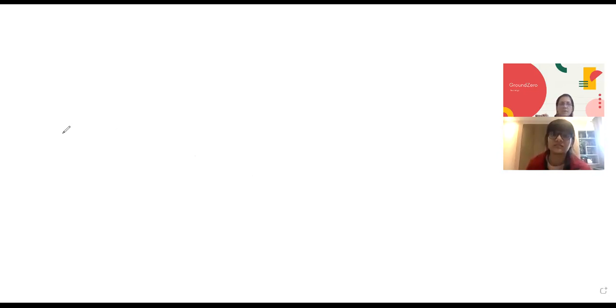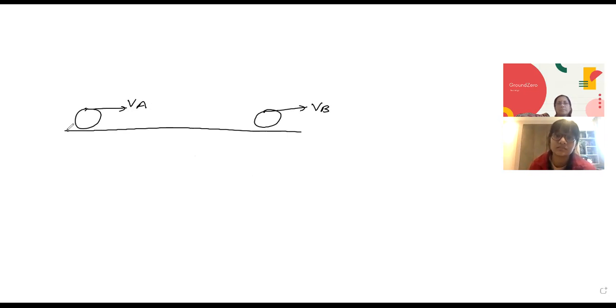Let us suppose I take two bodies. This one is moving with velocity VA and this one is moving with VB, right? Now I am asking you to find the relative velocity of B with respect to A. As soon as I say with respect to A, that means you will consider body A to be at rest, right?